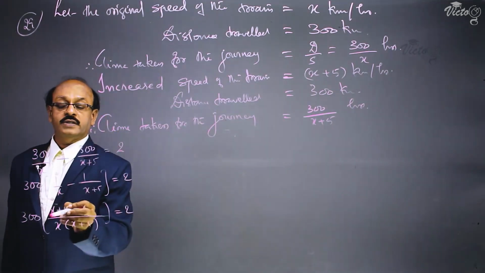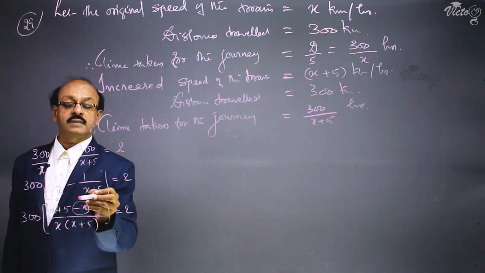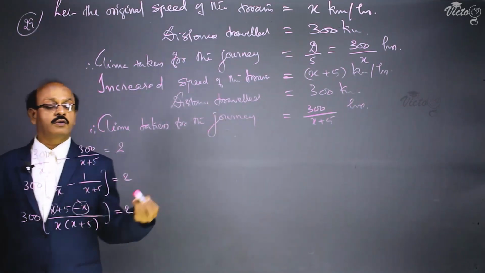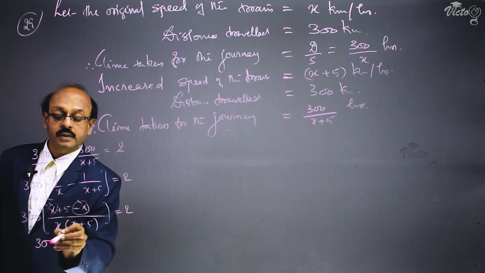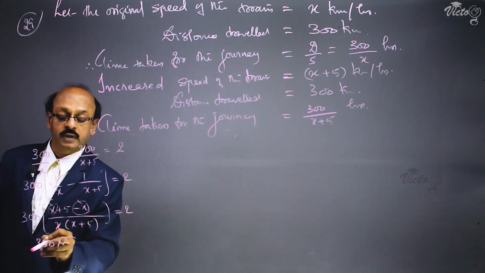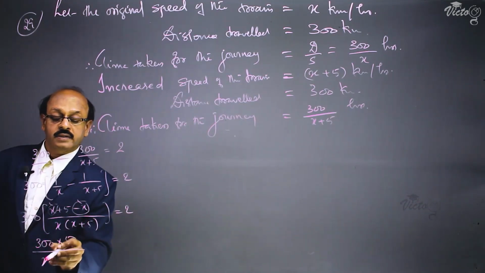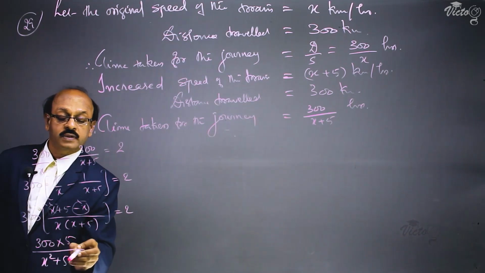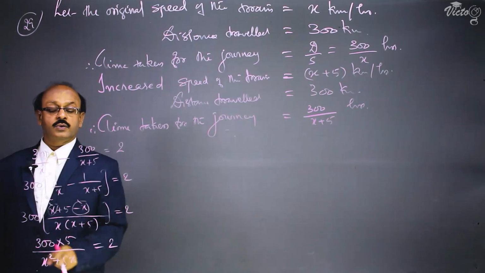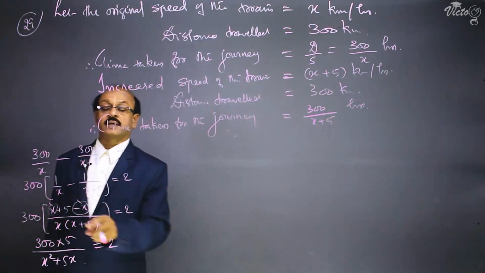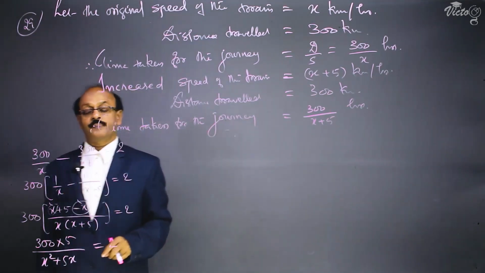Here, on addition, x and minus x cancel. On addition, it will be 0. The remaining quantity is 300 into 5 divided by x square plus 5x, which is equal to 2. x into x is x square and x into 5 is 5x.